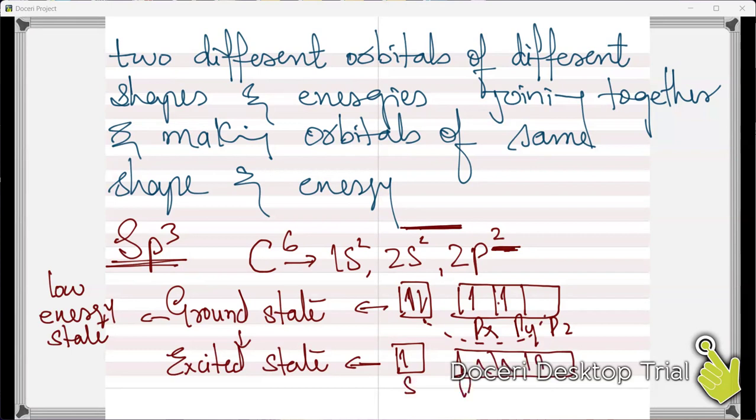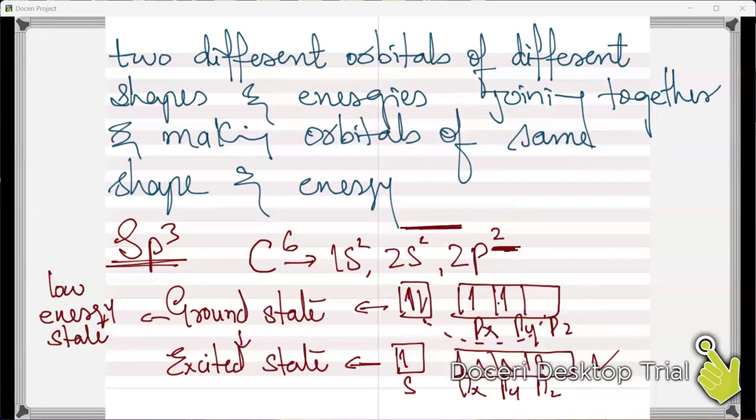Now in s, px, py, and pz, all four orbitals have electrons in them. Are you clear till here? Awesome. So I'll pick the same thing from here, taking this excited state and moving forward.